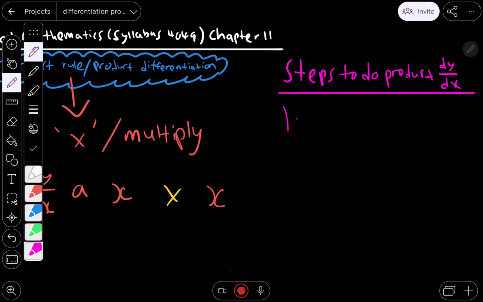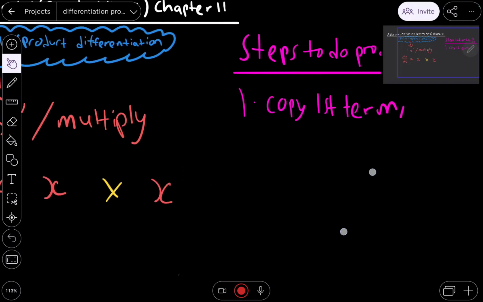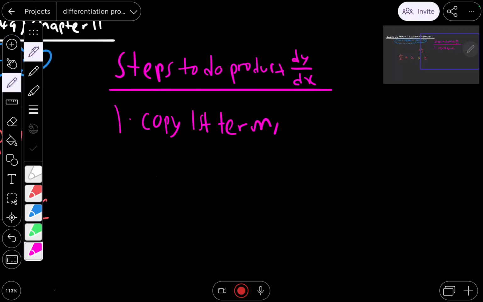So first one is to copy the first term. But I will explain deeper what I mean by that. So after every step, I will explain. So copy first term, differentiate the second term.